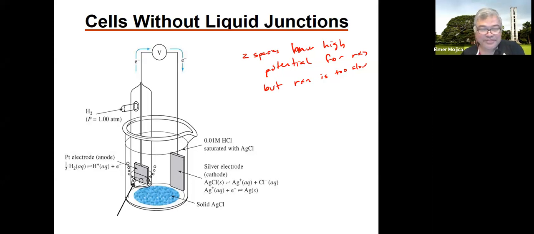Anyone? So you have here what? A silver electrode and a platinum electrode. Now, why is it there's no liquid junction there? Because there's no difference in the composition of the solution.